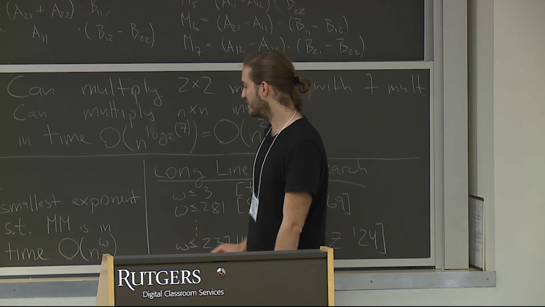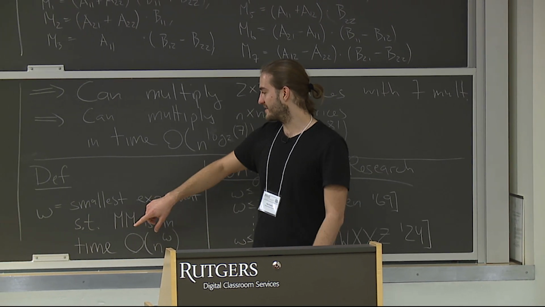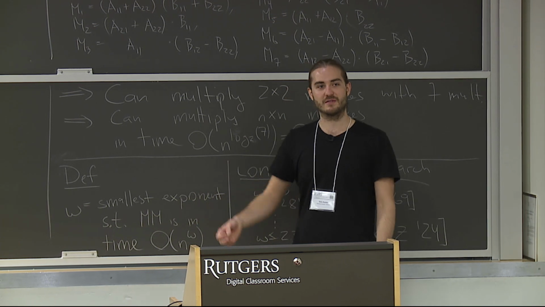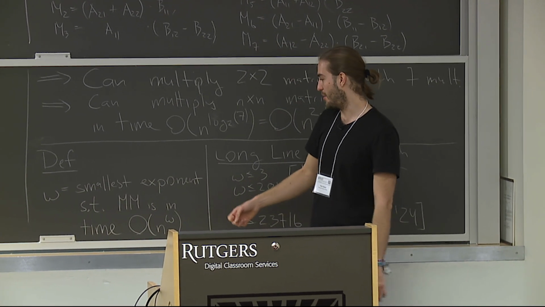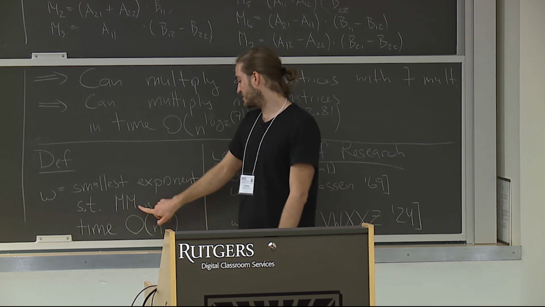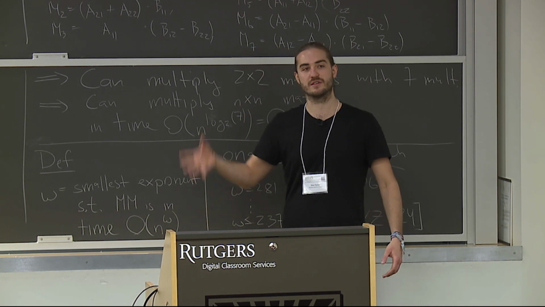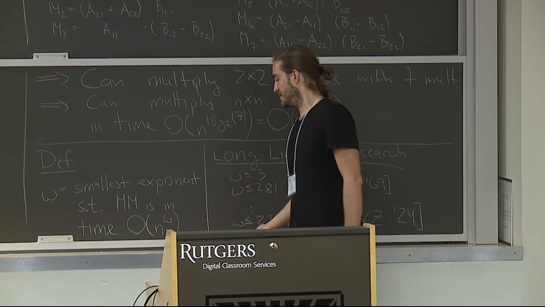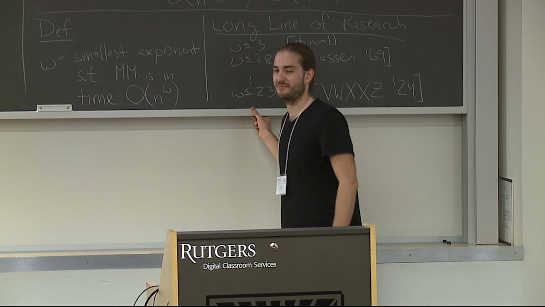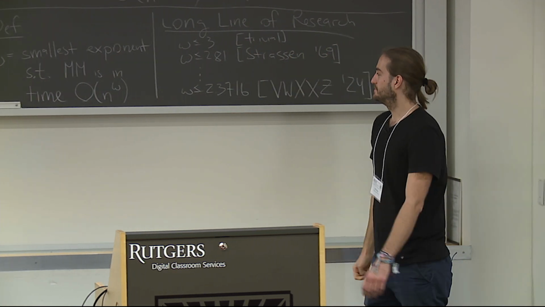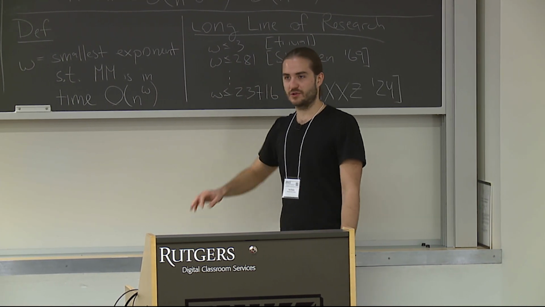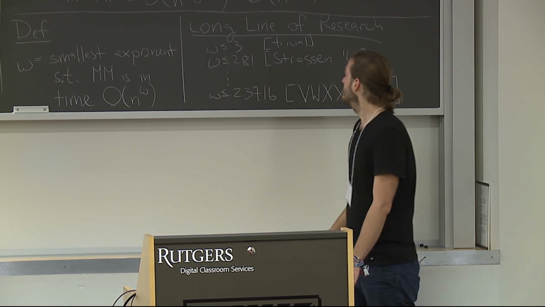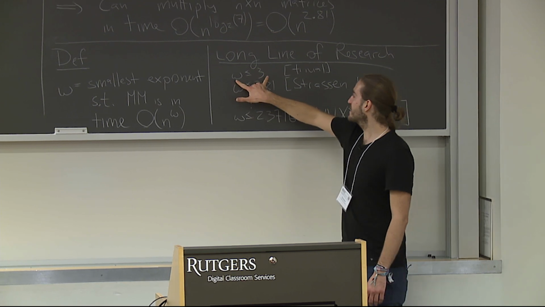To state it properly, typically people write the exponent of matrix multiplication. We will give it a name: omega. Omega is the smallest exponent such that matrix multiplication can be solved in time n to the omega. Using this notation, which is very standard and which you'll probably see in a bunch of research papers, this can be summarized as: omega is at most 3.